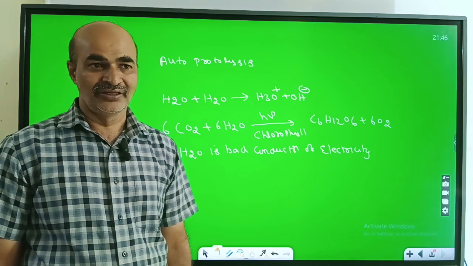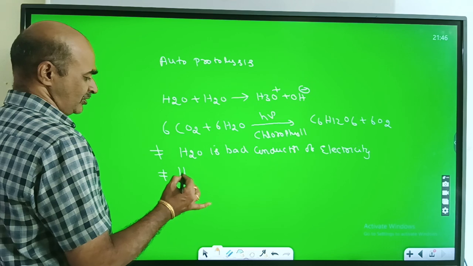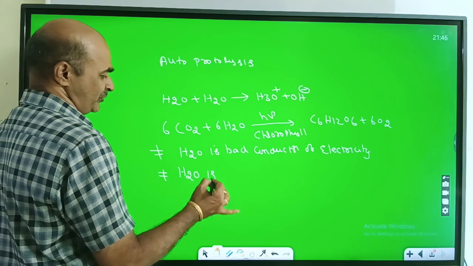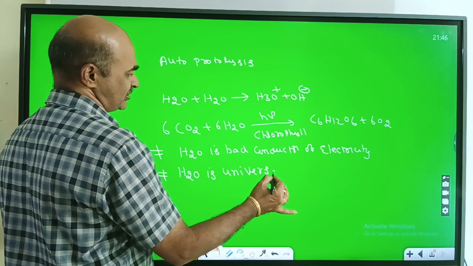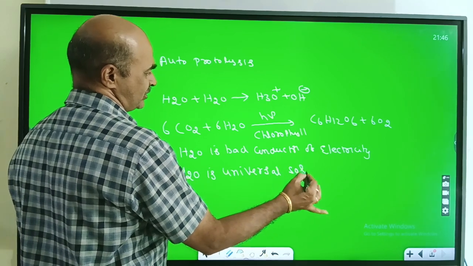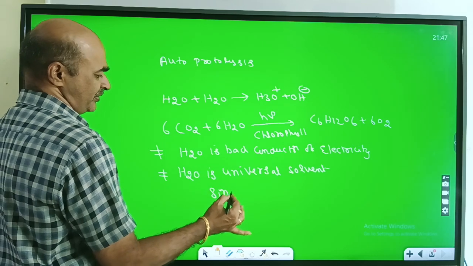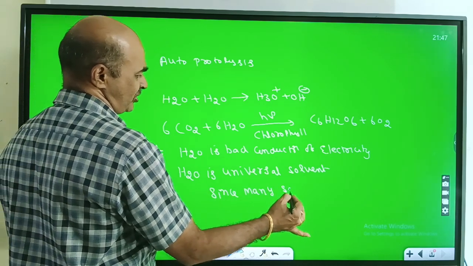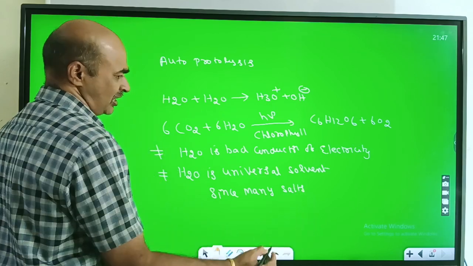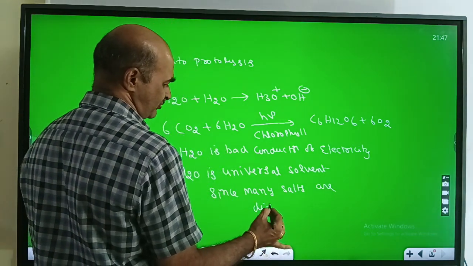And water is a universal solvent, since many salts are dissolved in water.